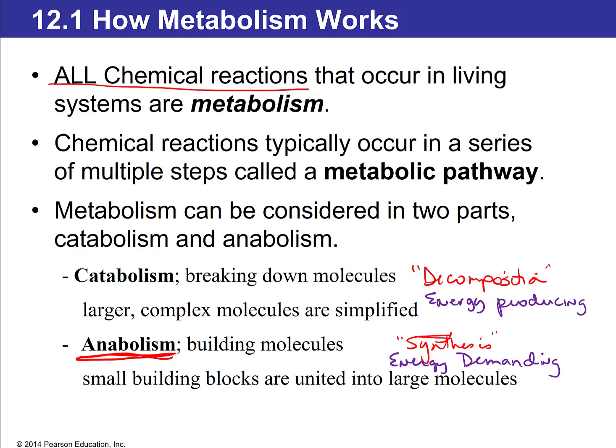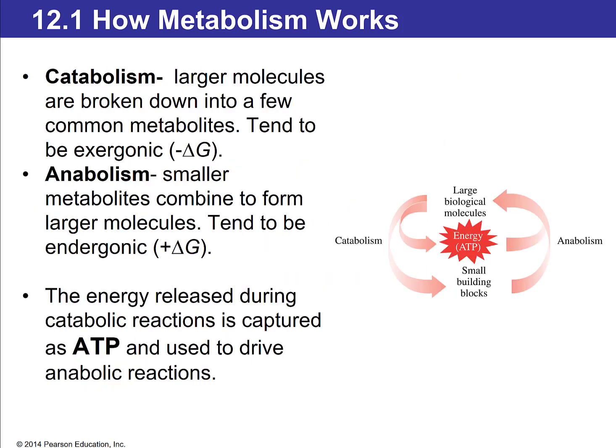This little flow is a good example of how anabolism and catabolism are used one to the other. Take small building blocks, you can use them to build. There's your energy demanding reactions. Take the big molecules that come in and you can break them down in order to generate that energy.